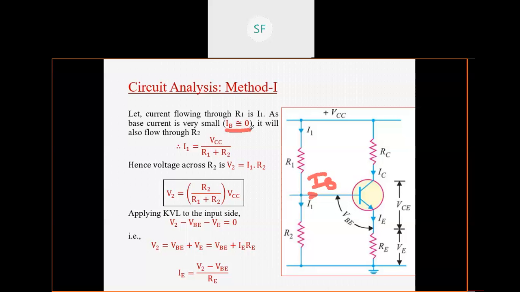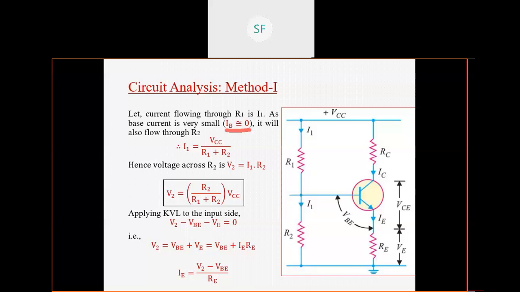Now what happens if you approximate that IB equals 0? Then there will be no current flowing through this particular branch, right? So no current flowing through this branch means the total I1 that came from R1 will completely flow through R2, because we have approximated that IB equals 0.